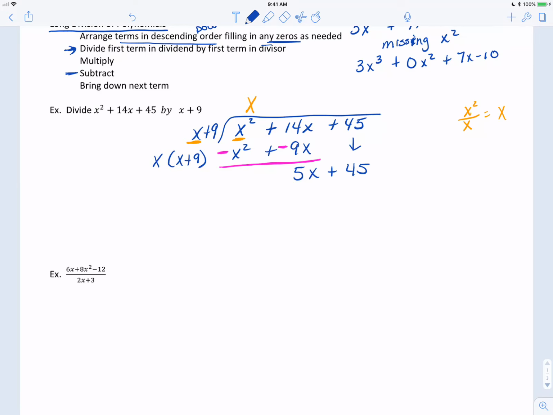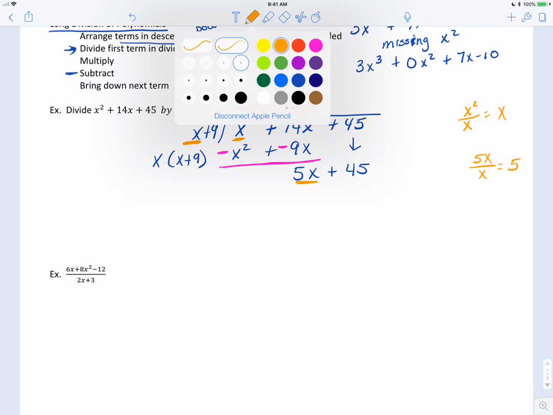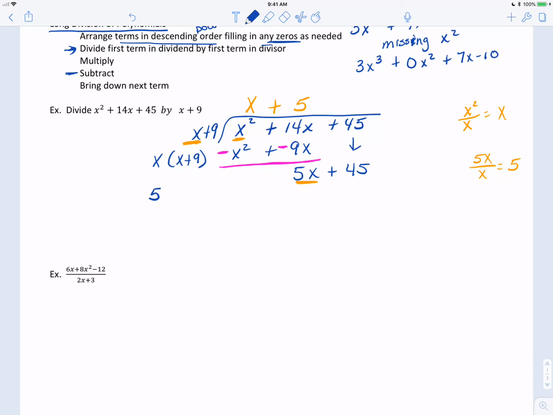Well, how is this x going to become a 5x? Well, we can come over here to the side and we can divide. Just a regular monomial. 5x divided by x leaves us with just 5. So that's what we need up here, plus 5. And then we multiply 5 times the x plus 9.